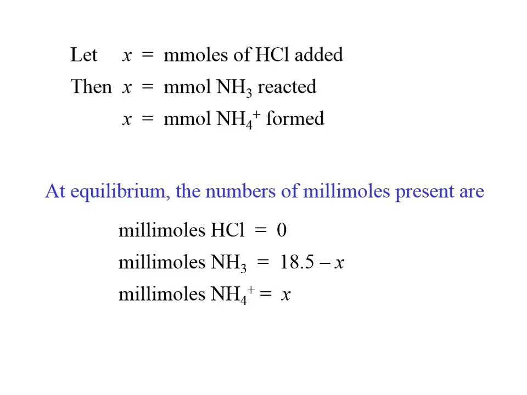Honestly, this is why I don't think it's an ice table: it's not an equilibrium constant expression. We are going to plug these values back into our HH expression, where this is the moles of base and this is the moles of acid. So here's what that looks like.